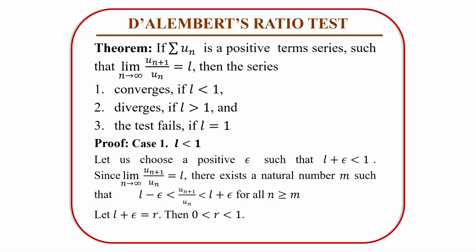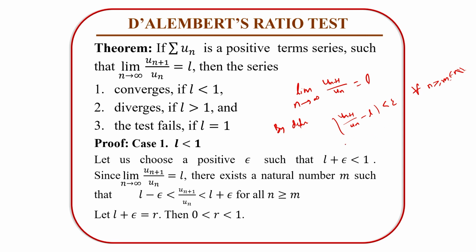So what is given? It is given that the limit as n tends to infinity of un plus 1 divided by un is L. So by definition, we have the modulus of un plus 1 by un minus L is less than epsilon for n greater than or equal to m, where m is a natural number. So for a fixed natural number m, we have this criterion.